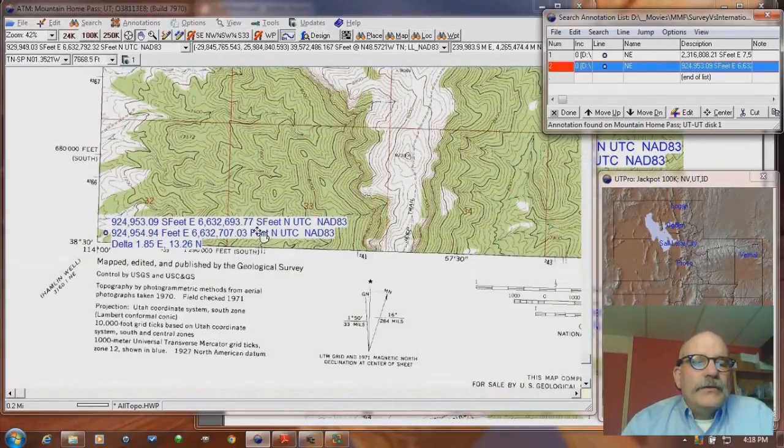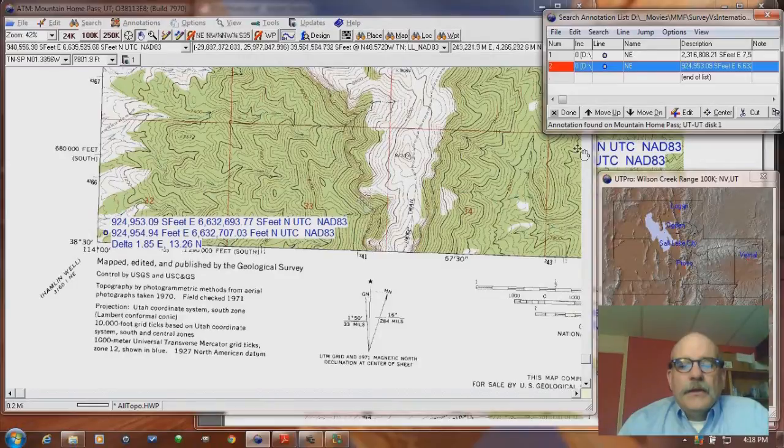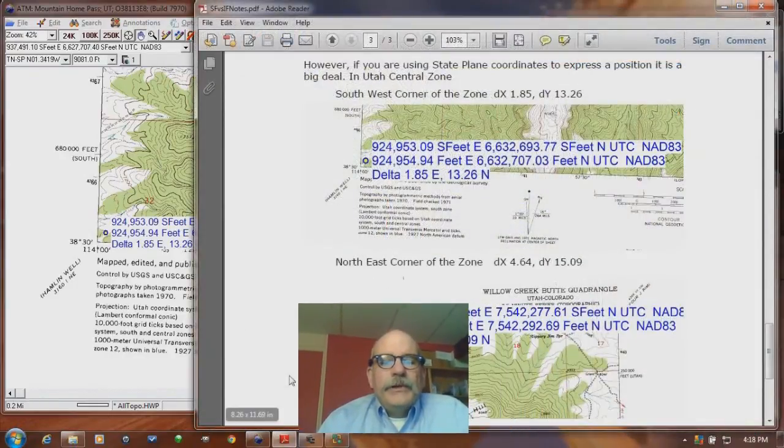If we go down around Delta, well, actually out in the desert south of Richfield, to the southwest corner of the Utah Central Zone, you'll see that it makes about a 2-foot difference in the easting and a 13-foot difference in the northing. So that's a pretty big deal.